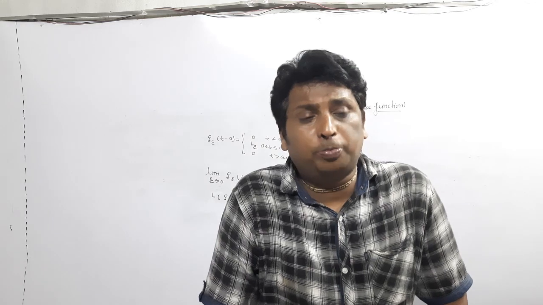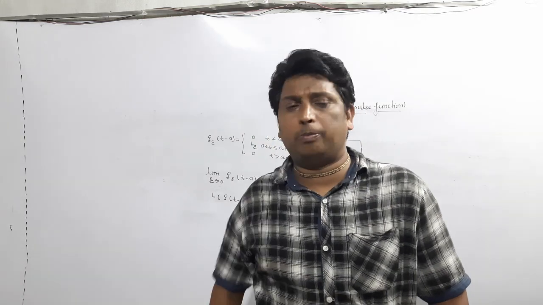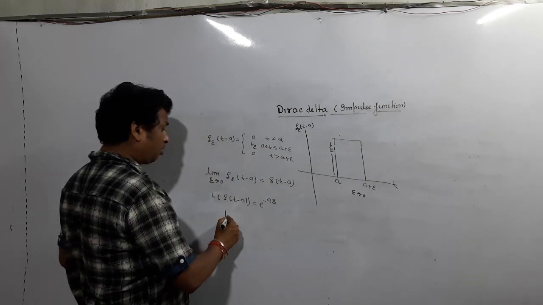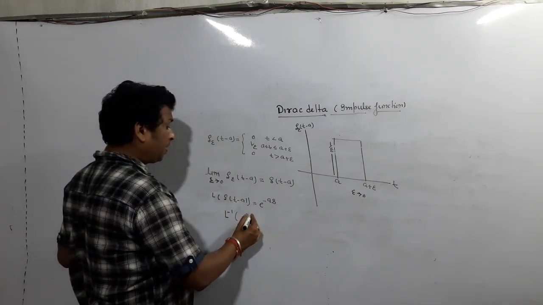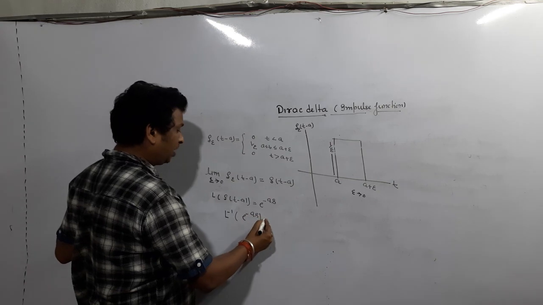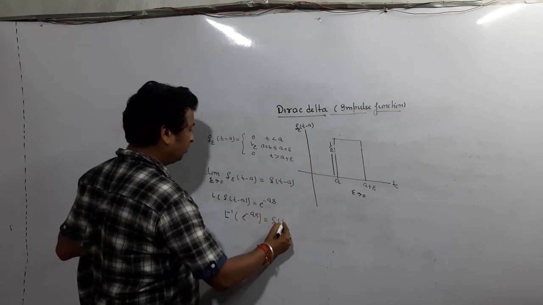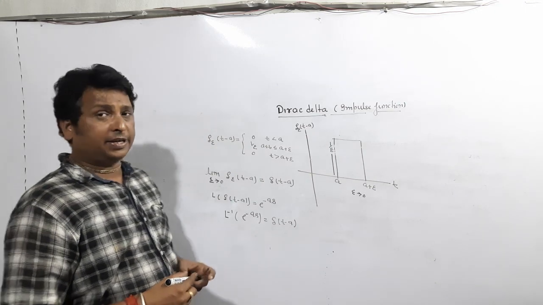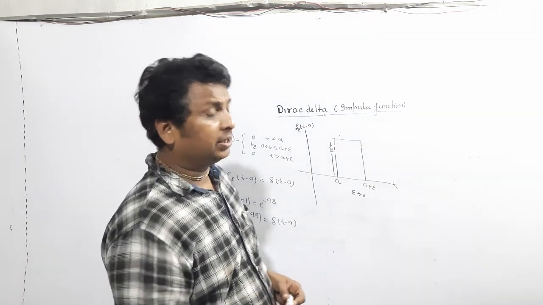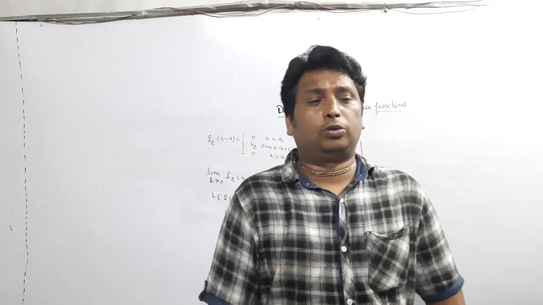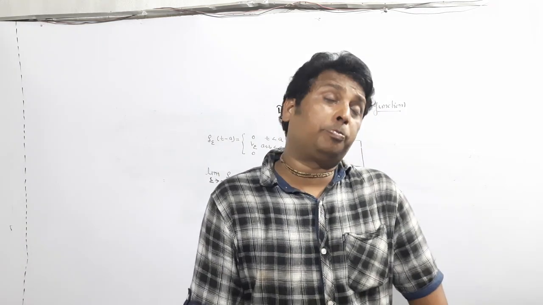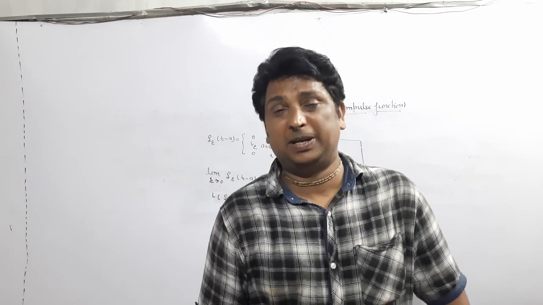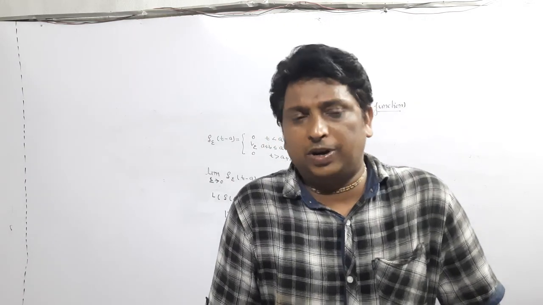Hope you understand, but just this formula is required, because when we go for the inverse Laplace of e to the power minus as, we get delta (t − a). So that's why it's very important. Inverse Laplace of e to the power minus as is delta (t − a), and the inverse Laplace of e to the power minus as by s is u(t − a), the unit step. So both functions are very important.